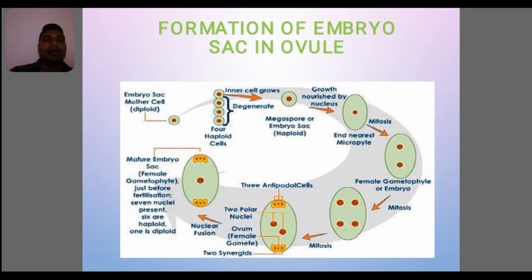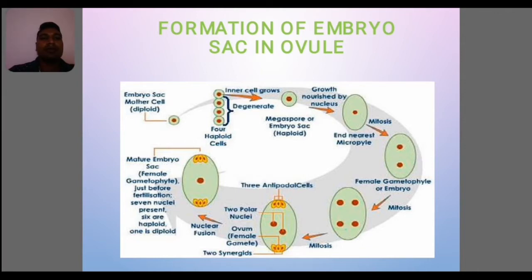In that 8 nuclear stage, there will be 2 polar nuclei and 3 antipodal cells at one end of the embryo sac, and at the other end there will be the synergids: 2 synergids and 1 ovum or female gamete, which is present at the center, with the 2 synergid cells neighboring it.